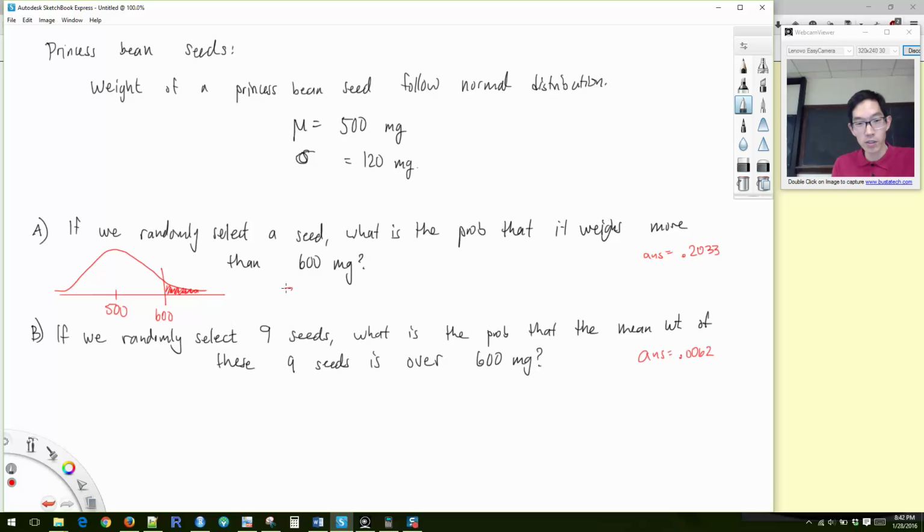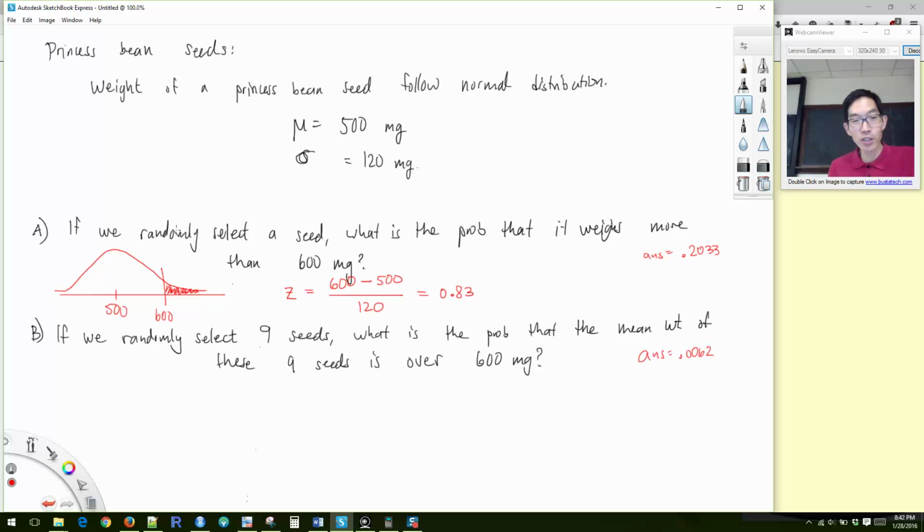Okay. So what's the step I'm taking next? I would say Z is equal to what? 600 minus 500 divided by 120, and I get 0.83. Is this okay with everybody? Yeah? Okay, so I get 0.83. I then look this up in my Z table.